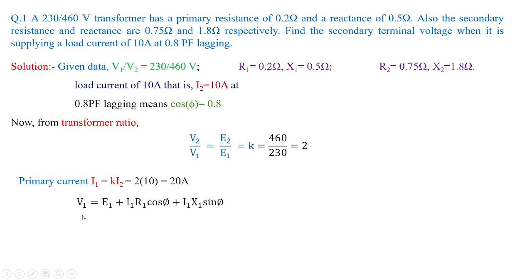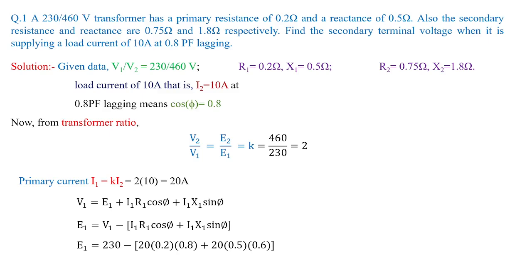Now with that, we are going to substitute the values in the equation for V1, and from that we are going to get the value of E1, which is equivalent to 220.8 volts. So the actual induced primary voltage is obtained to be 220.8 volts.